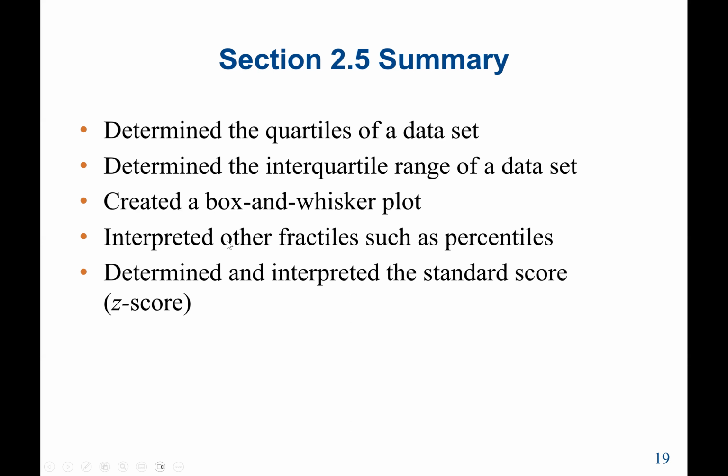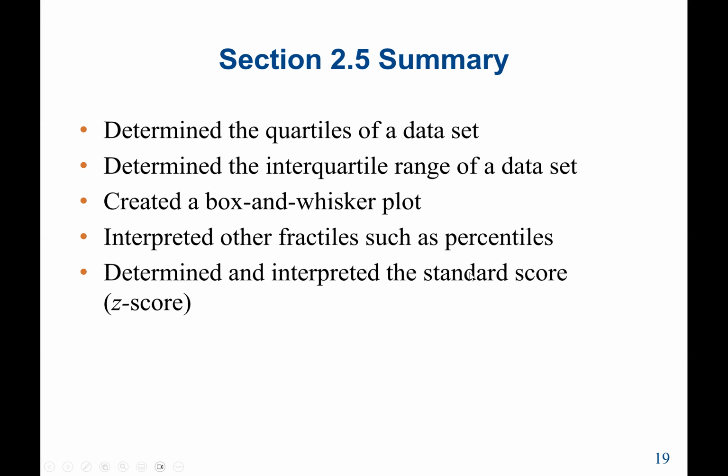From there, we also learned how to create a box-and-whisker plot, and we said we need a five-number summary: the minimum value, the maximum value, and Q1, Q2, and Q3, and we can come up with the box-and-whisker plot. We also understand the concept of fractiles, such as percentiles, 100%.